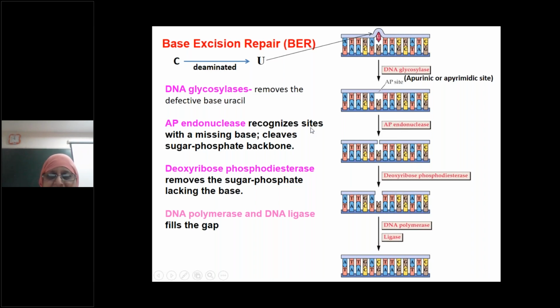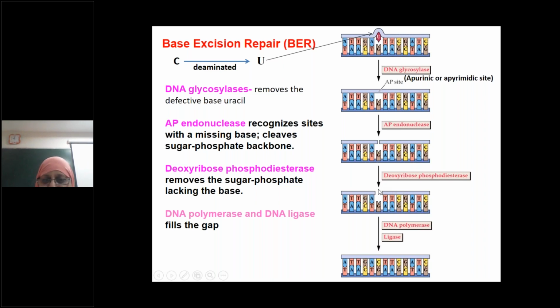This enzyme recognizes the sites with the missing base and cleaves the sugar phosphate backbone. The apurinic site contains only the sugar and phosphate remaining behind. The endonuclease cleaves the backbone, and deoxyribose phosphodiesterase removes the sugar phosphate lacking the base.